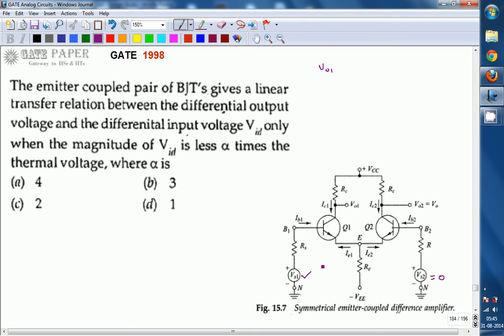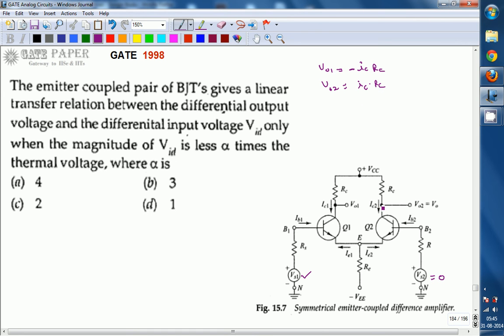So based on this, V01 can be written as minus IC times RC. Because it is a common emitter amplifier, the output is 180 degrees phase shifted to the input, so you get this minus sign. And V02 can be written as IC times RC. What I am writing as small IC is the change in collector current.